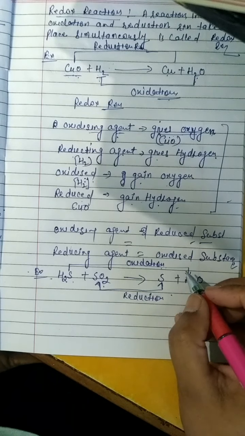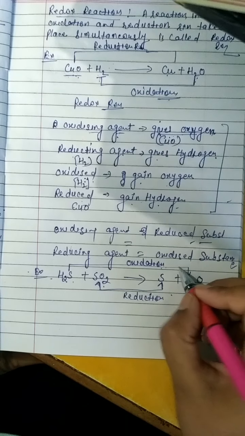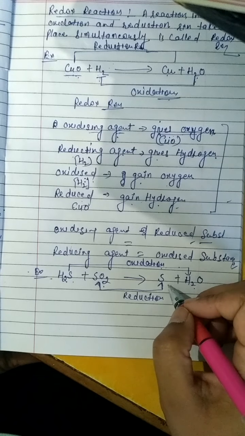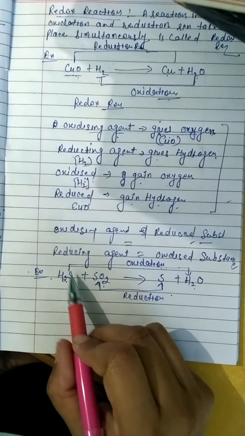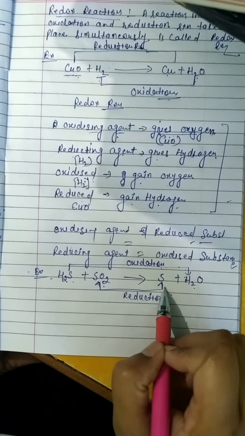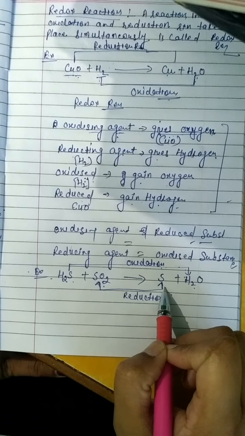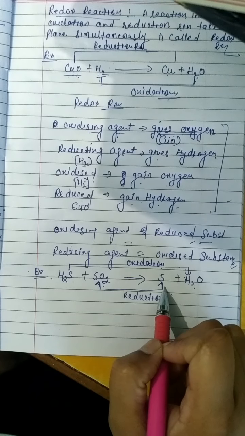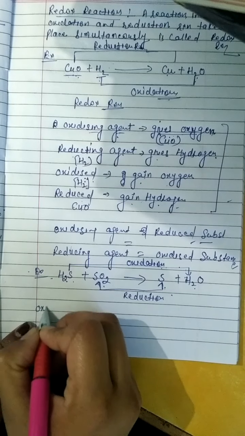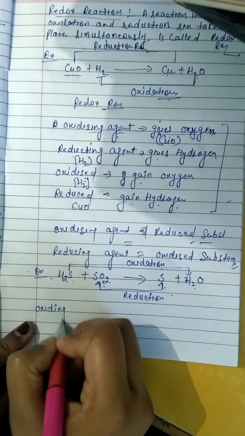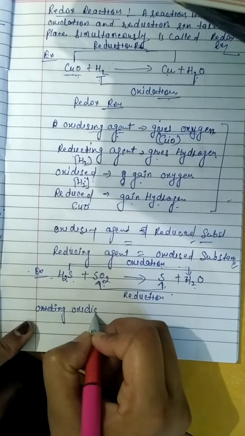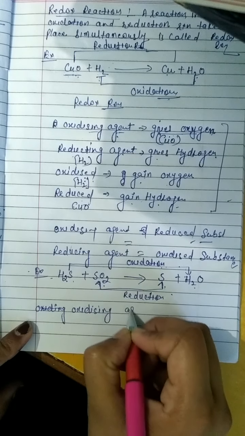You can mention these type of examples in oxidation reaction, in a reduction reaction, and in a redox reaction. And it is compulsory to mention like this. This is the oxidation reaction and this is a reduction reaction. The next question from this topic is the oxidizing agent.